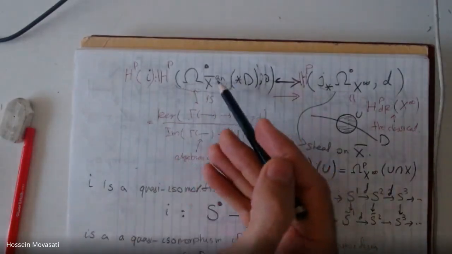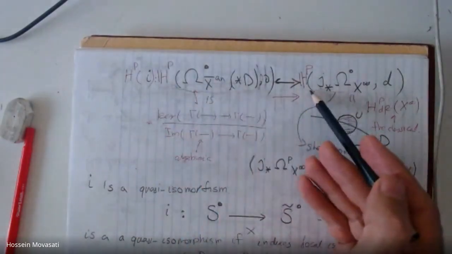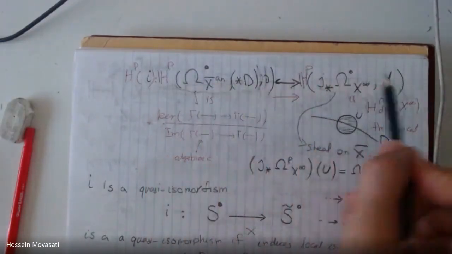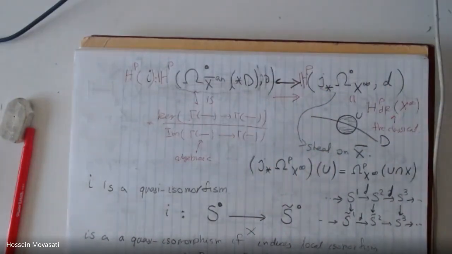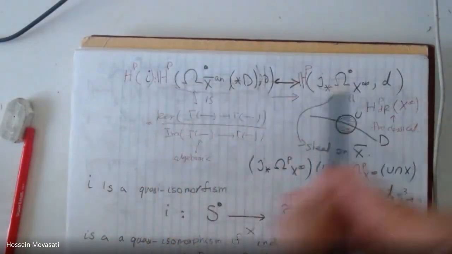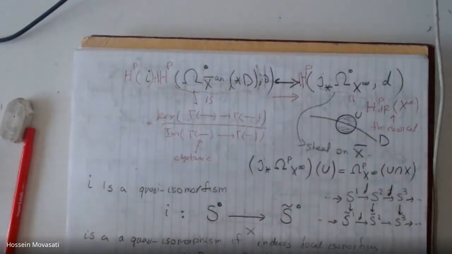So I want to show that in hypercohomology they are isomorphic. According to the proposition that I wrote, I have to show that this map is a quasi-isomorphism, and this is what we are going to do in the next few minutes. Remember that quasi-isomorphism is completely a local statement.